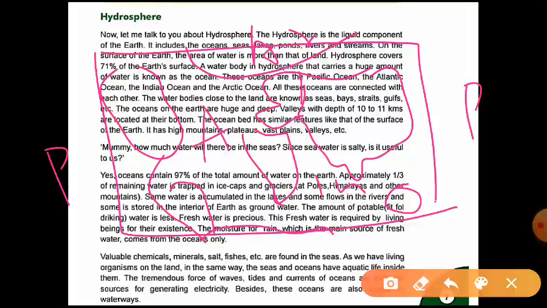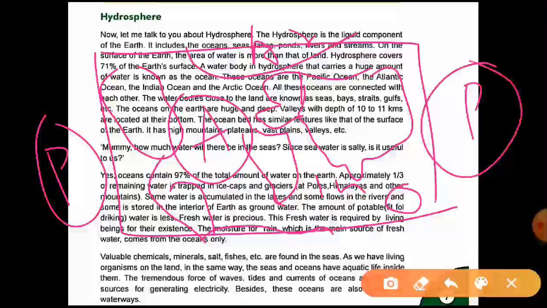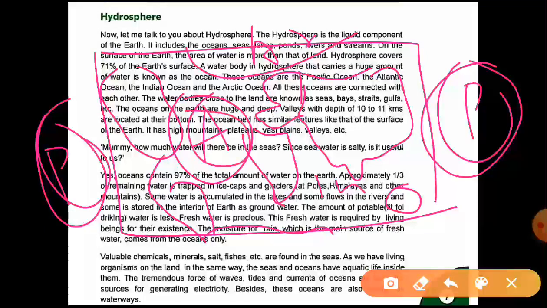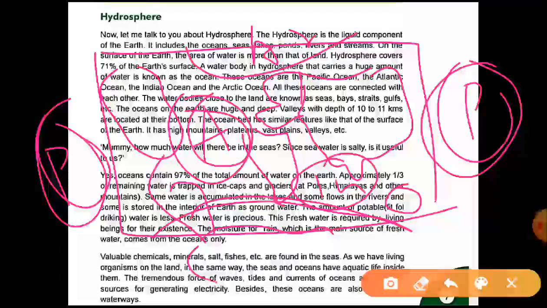The combination of the Pacific Ocean, Atlantic Ocean and Indian Ocean will form the Southern Ocean here.